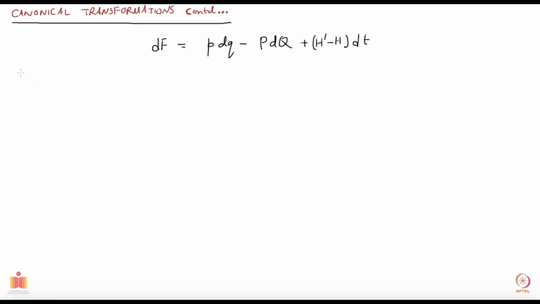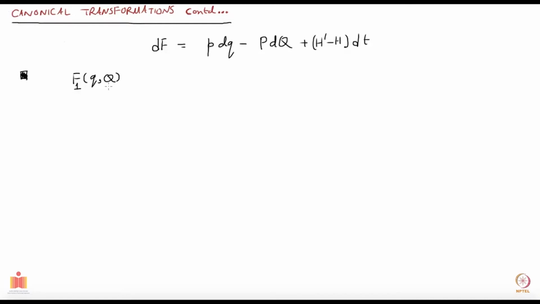And I also argued that we can treat f as a function of small q and capital Q. So f, we said that we'll treat as a function of independent variables q and capital Q. If I do so, then I generate a set of transformations, and I will label f with a subscript 1 in this case, when I make the choice that I have the old q and the new Q here.